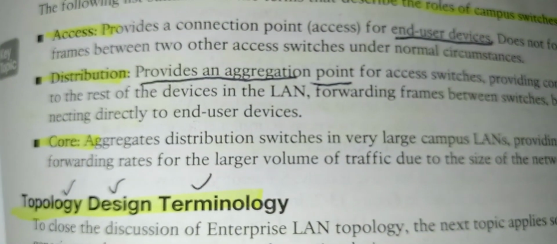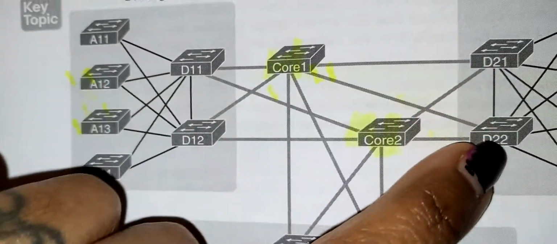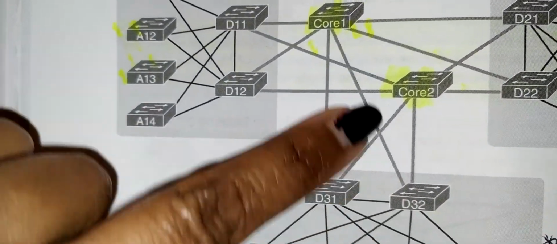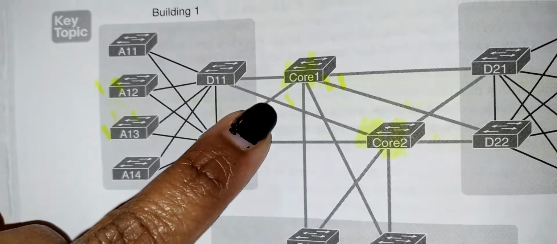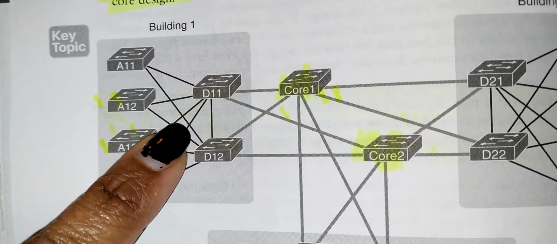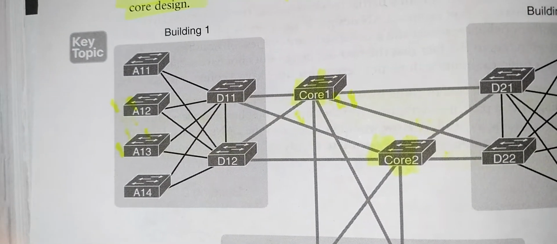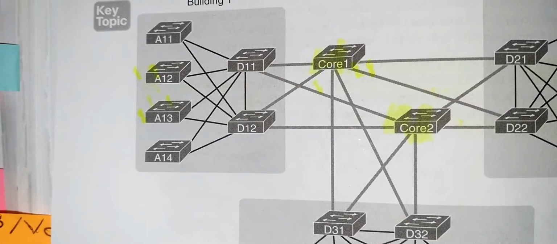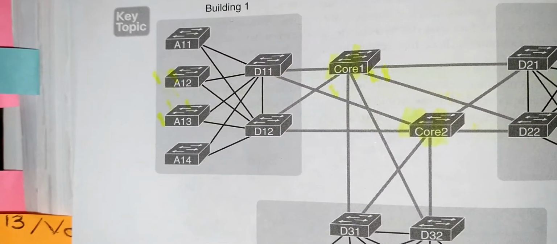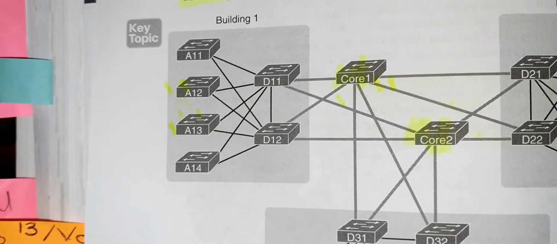The core layer is going to group together the distribution layers. So this is the basics of the Cisco 3-layer model. I'm going to cut this video short today so I can do this chapter in bits and pieces so no one gets overwhelmed.